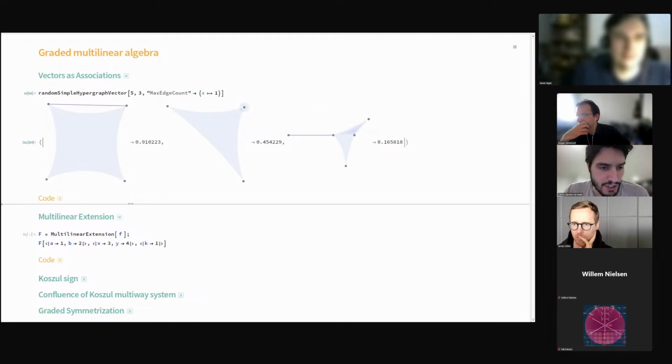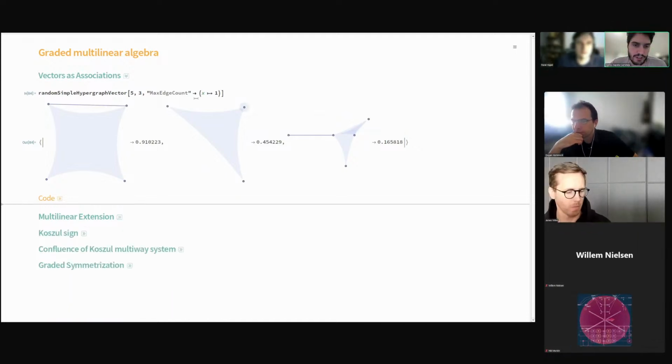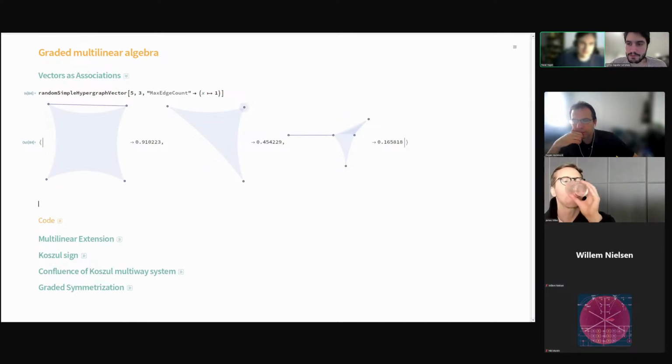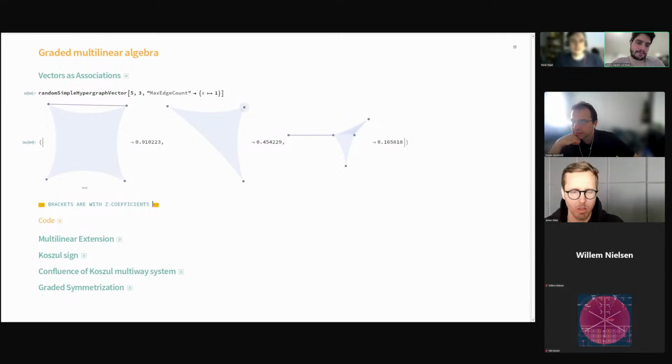And the coefficients are going to be rational by default or real, but the brackets are with Z coefficients. So you can restrict to Z coefficients, like integer coefficients, and the brackets are preserving them.